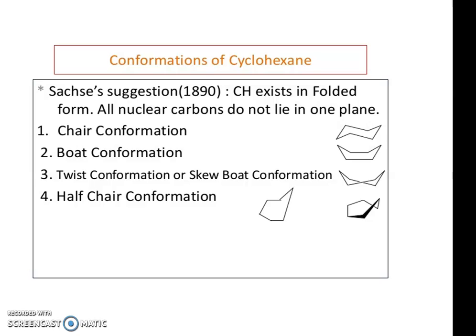And here these are the four different conformations for cyclohexane. This is the chair conformation, this is the boat conformation, this is the twist or skew boat conformation, and this is the half chair conformation.